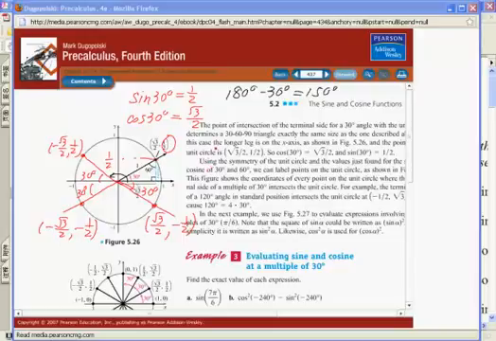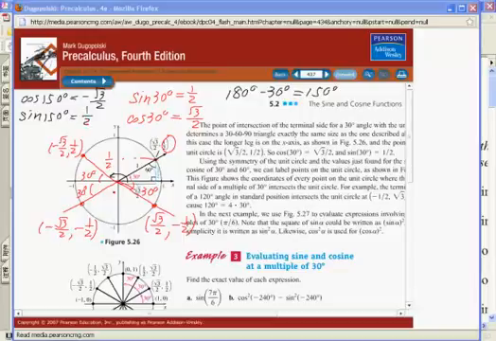That means you have the cosine of 150 degrees equal to negative √3/2, right? And then you have the sine of 150 degrees equal to 1/2, right?